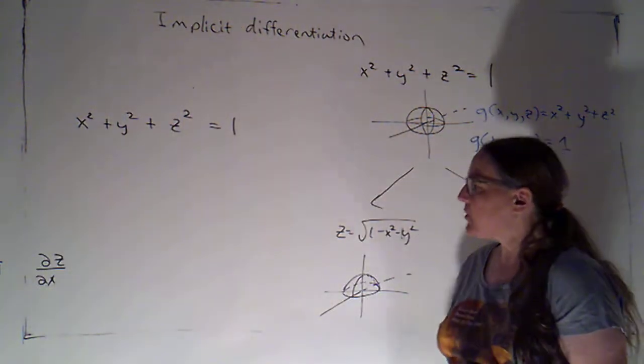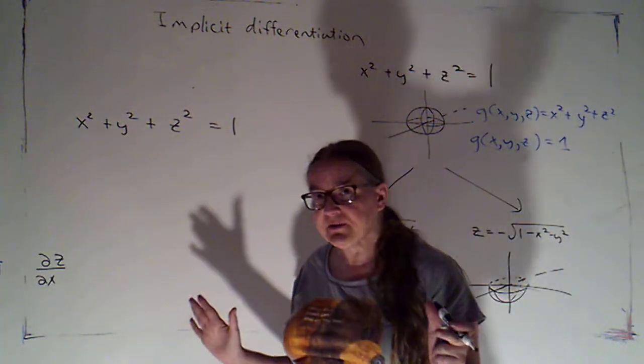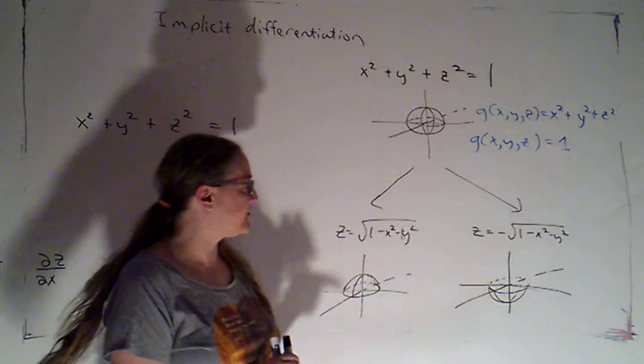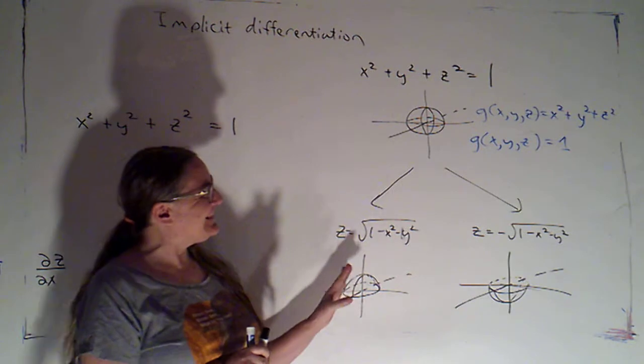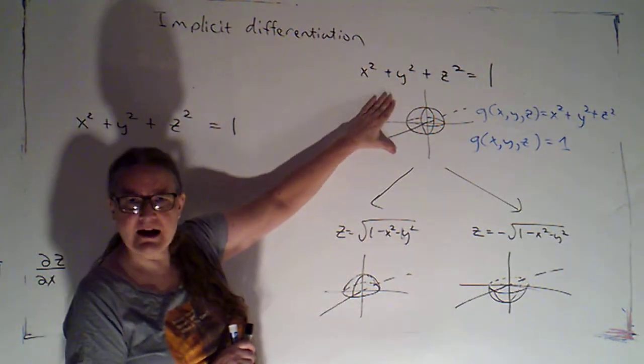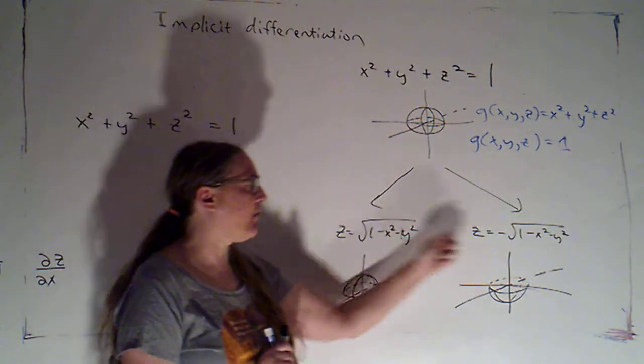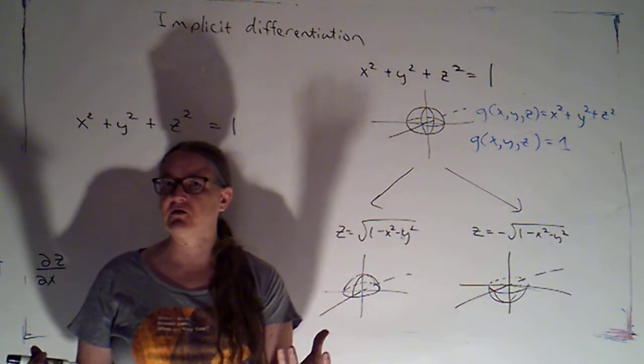Okay. So I'm saying z is implicitly a function of x and y. Now I know it's actually one of these two functions. In this case, I'm familiar with the graph. It's not too difficult to solve for z and get that I have one of these two formulas.